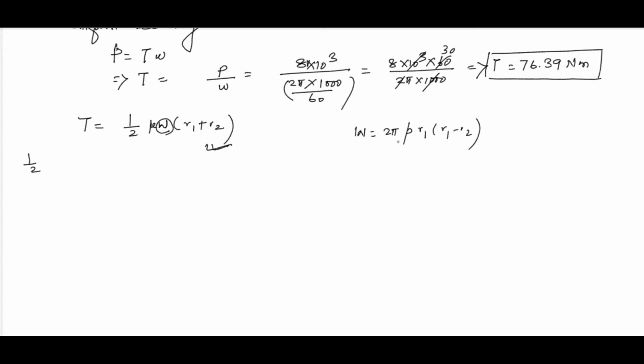Okay, now use this relation here, so we will have T is equal to half mu times into 2 pi into P into R1, that is 0.08 into (0.08 minus 0.04) into (R1 plus R2), so (0.08 plus 0.04), okay, into n, because both sides of the plate are effective, so we will multiply 2 here.